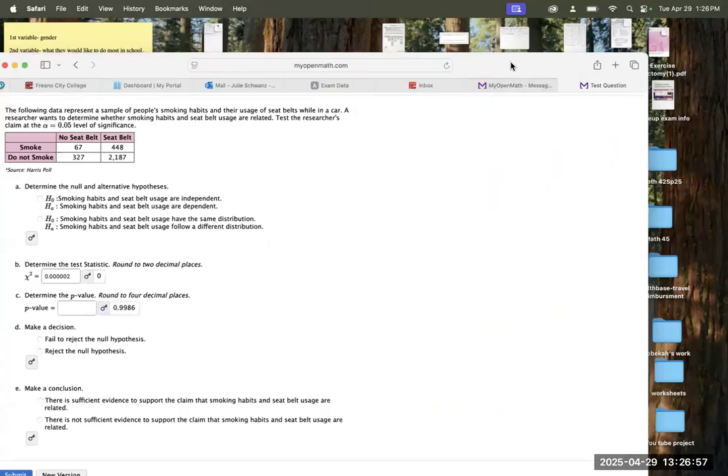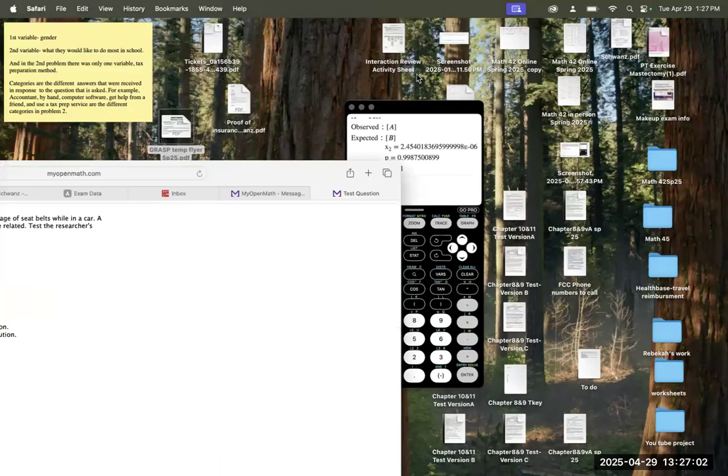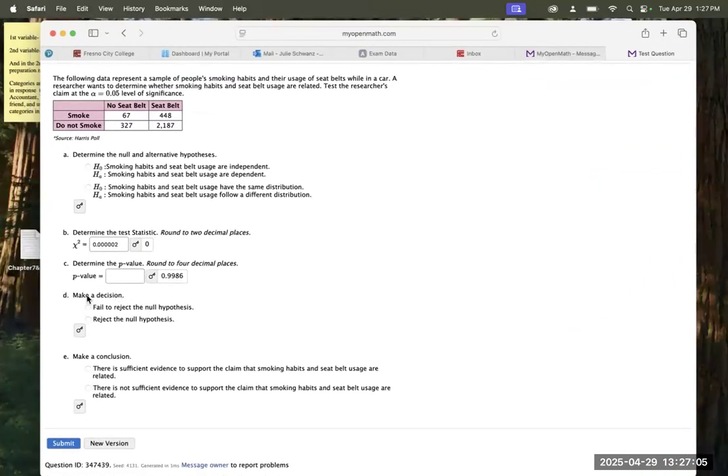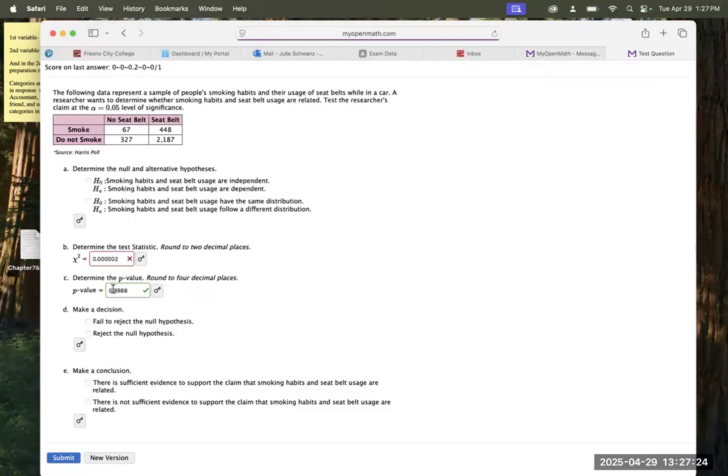Oh, and they're getting, wait, let me look. They're getting a slightly different one, but let's make sure that I'm okay putting 0.9988. It could have been that I did not put one of my values in correctly. That could be it, but I feel like these are very similar problems. Yeah, it does accept it, even though my p-value is slightly different. However, notice how if I put the actual answer in for the chi-square, it would not accept it because they wanted that rounded correctly to 2 decimal places.